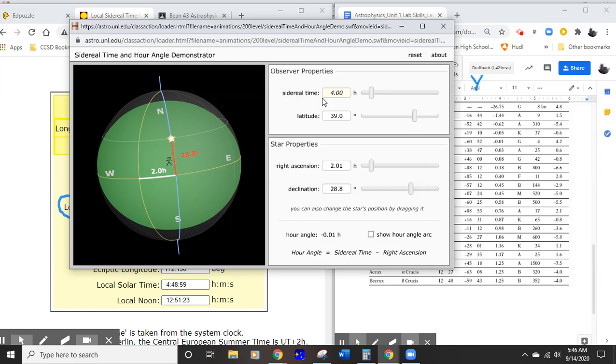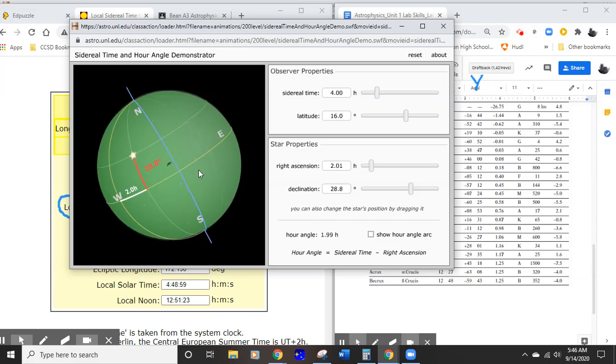So if we're in Carson, here we go, it's 4:20. Now the latitude was 16 degrees, so let's go 16 degrees.